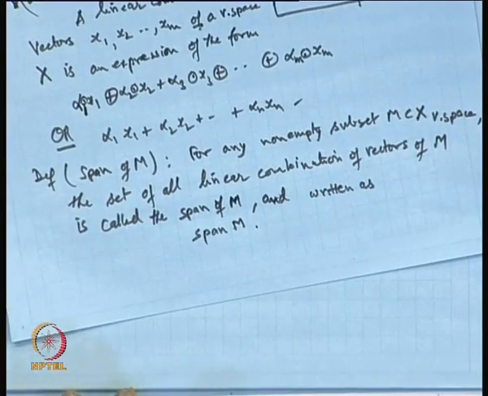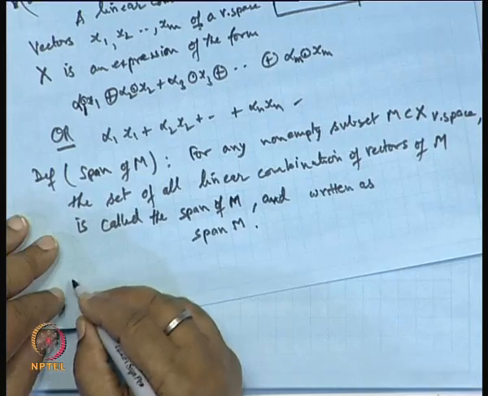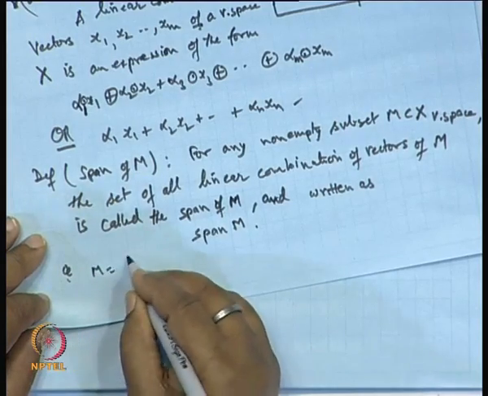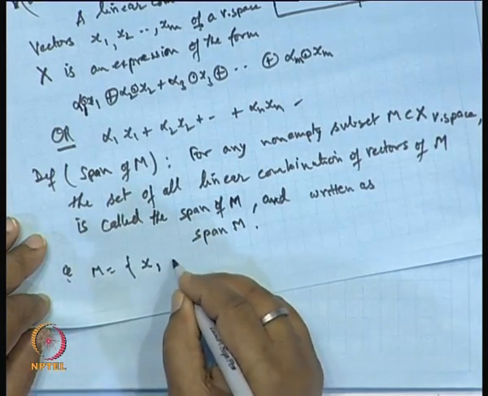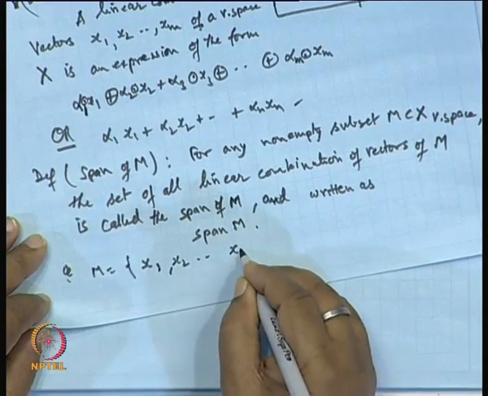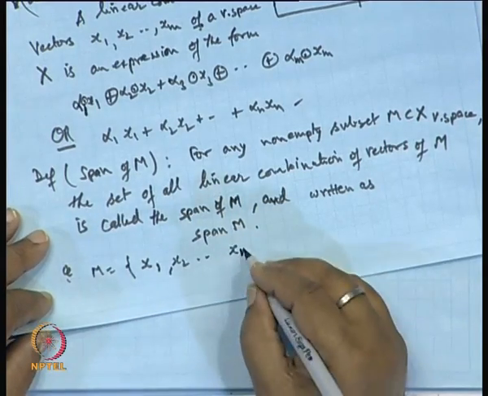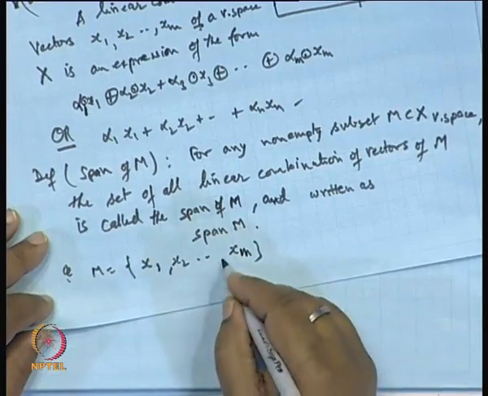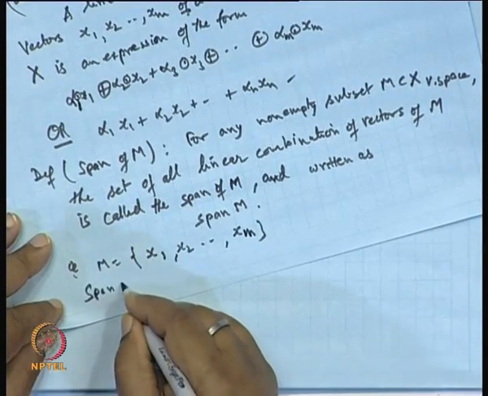What is the meaning of this? That is, if M is a set having the vectors, say, x 1, x 2, x n, then what will be the span of M?